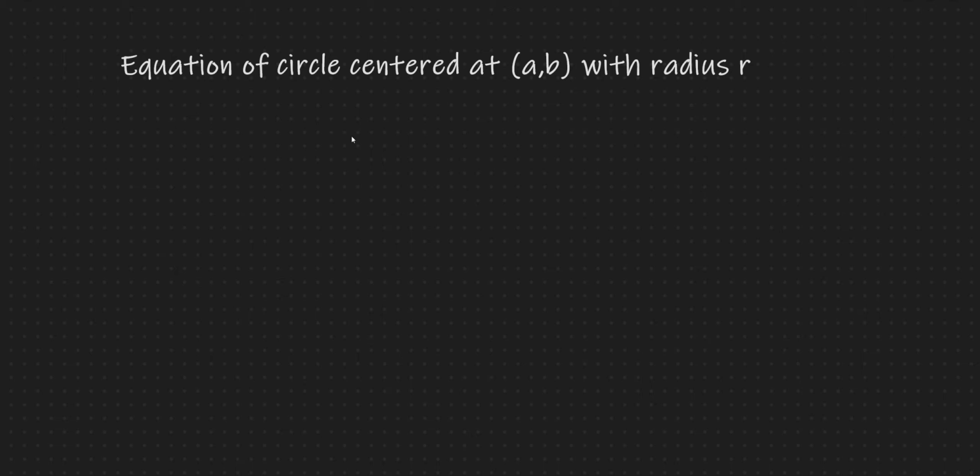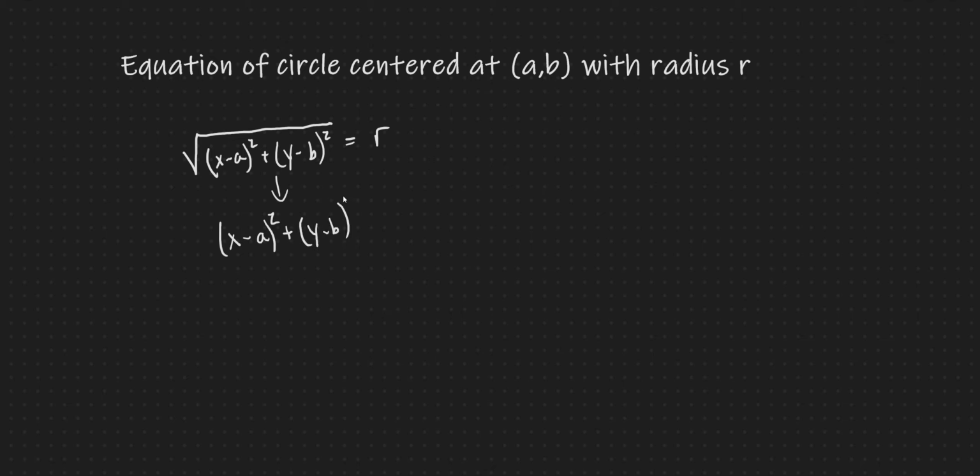So we want the distance between an arbitrary point x, y and a, b to be r. So the distance between x, y and a, b is going to look like the square root of x minus a squared plus y minus b squared, and I want that equal to r. So that works. That's a good equation, but typically we'll move that square root over. We'll square both sides of it. Looks a little bit nicer.